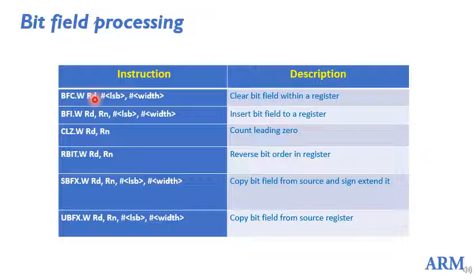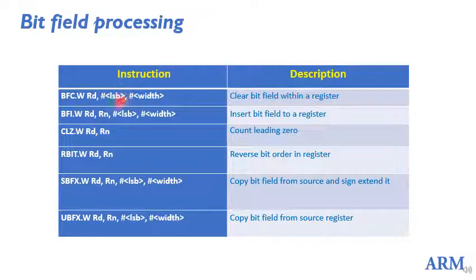Now there is something new, that is #lsb. This instruction is going to insert zeros in the given register; how many zeros and starting from which position is given by these two operands.